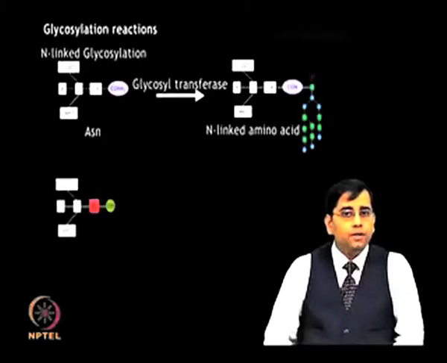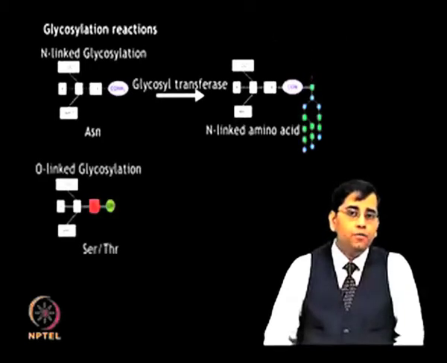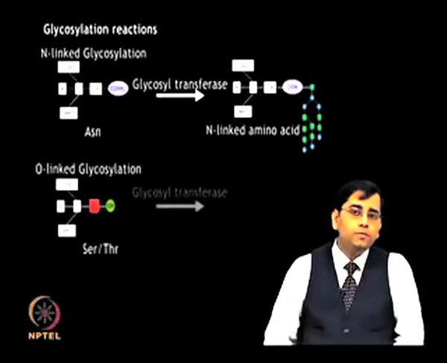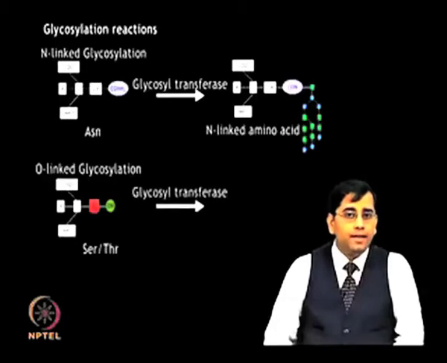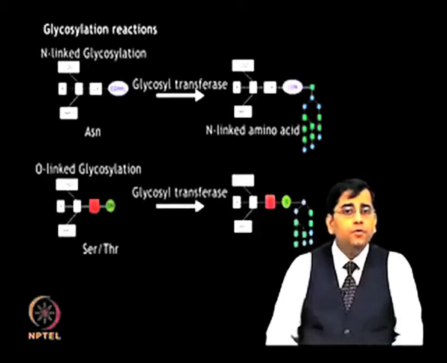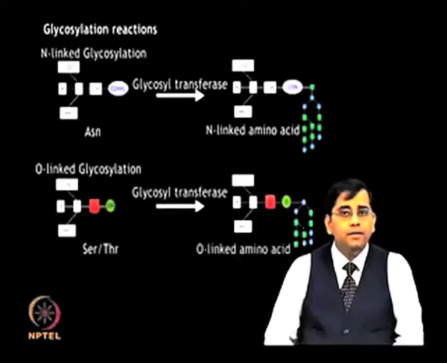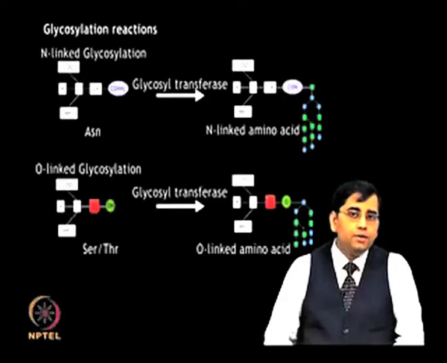Glycosylation involves the enzymatic addition of saccharide molecules to amino acid side chains. This can be of 2 types: N-linked glycosylation, which links sugar residues to the amide group of asparagine, and O-linked glycosylation, which links the sugar moieties to the hydroxyl group of serine or threonine.